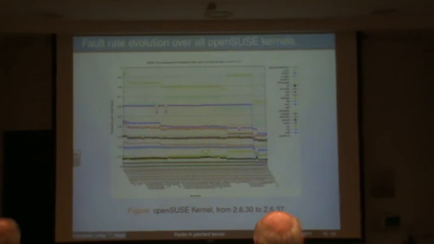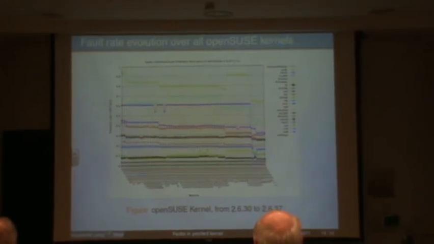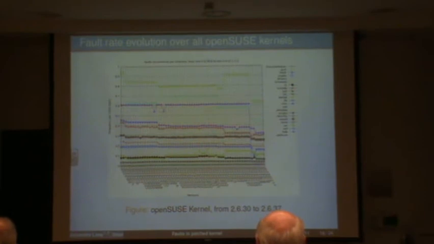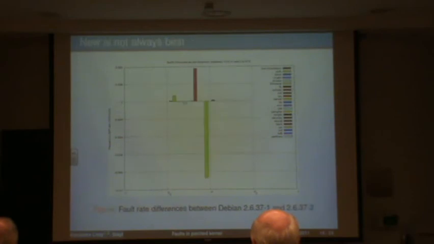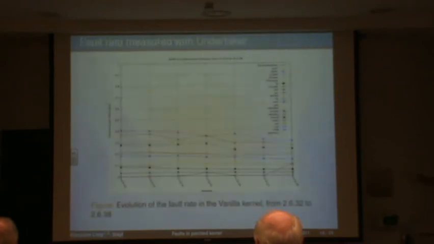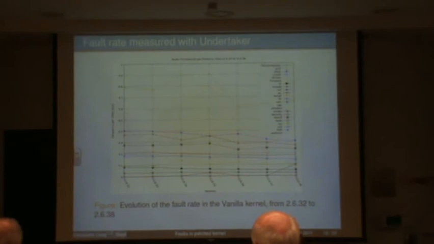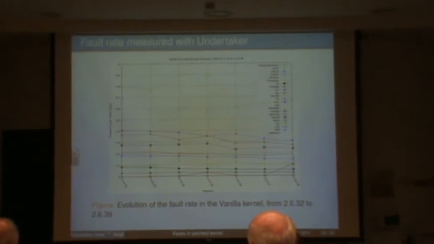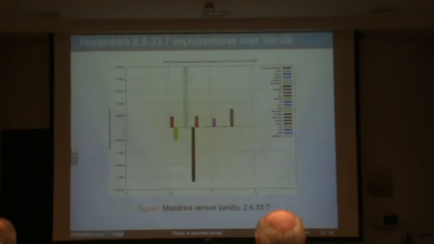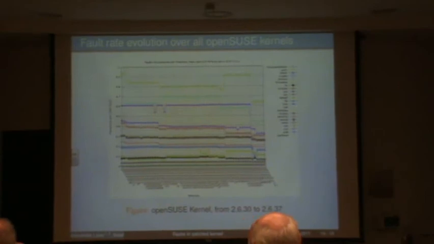This one is pretty hard to read, but it's the open source kernel from 2.6.30 to 2.6.37. And the interesting part here is to compare with the first chart I showed you, which was this one. So this one is just over 2.6.32 to 2.6.33, and it's just major releases, while for open source there are all sub-releases.